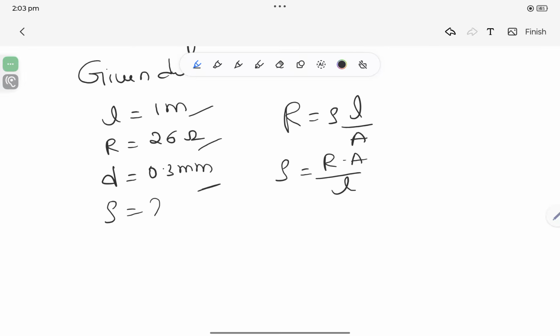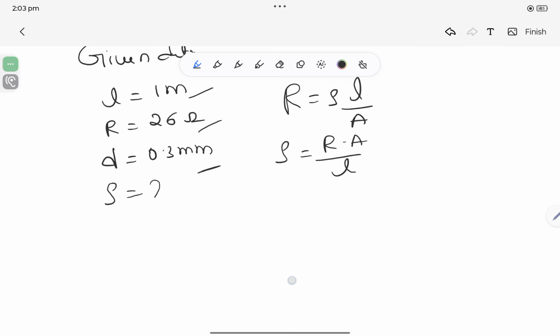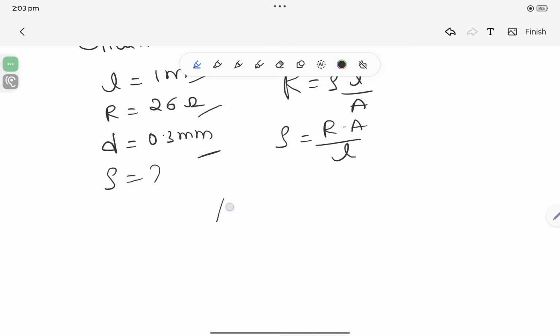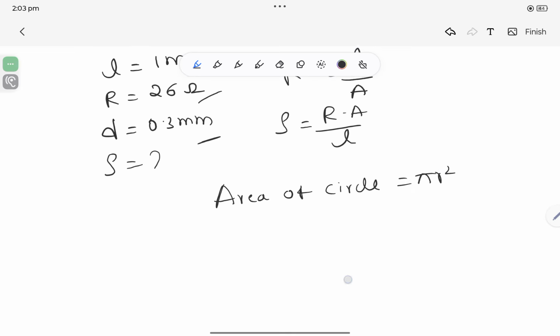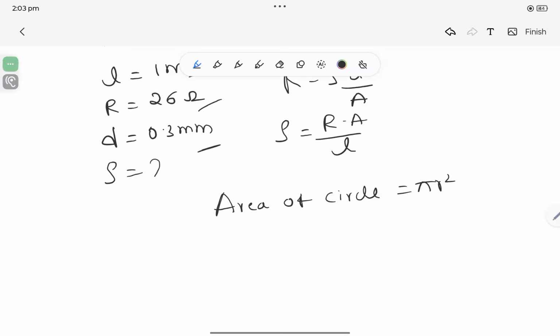Here we have to calculate the area first. What is the cross-sectional area? Cross-sectional area is always a circle. So what is the area of a circle? Area of circle is pi r square. They give the diameter, so we have to get the radius.